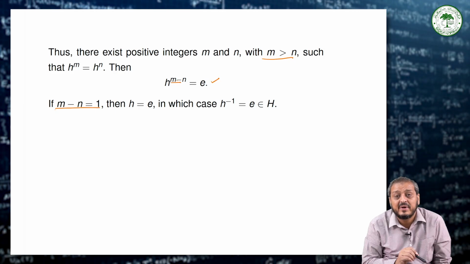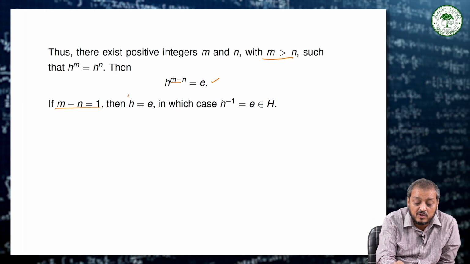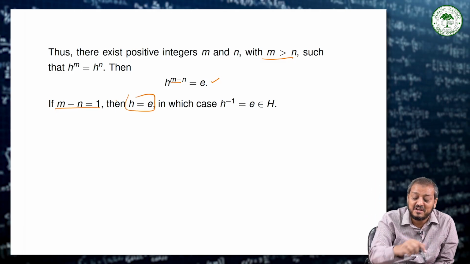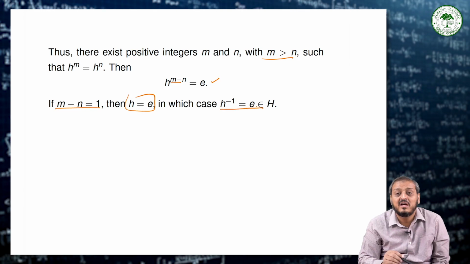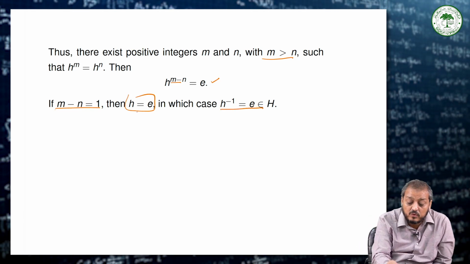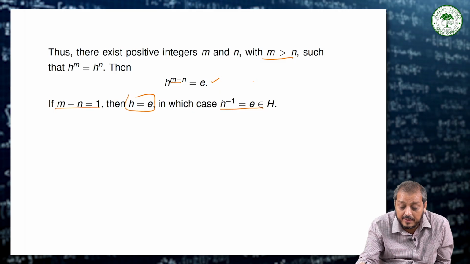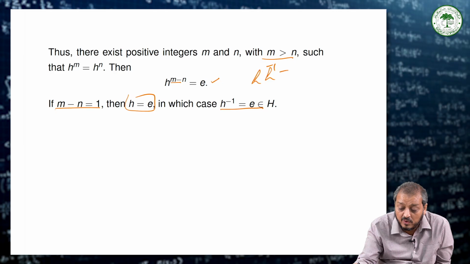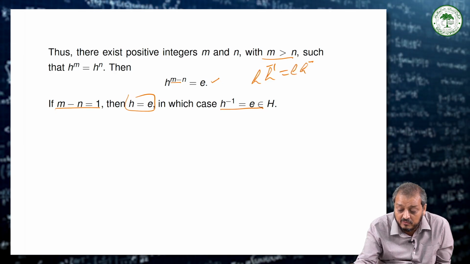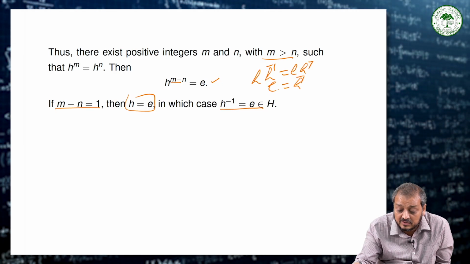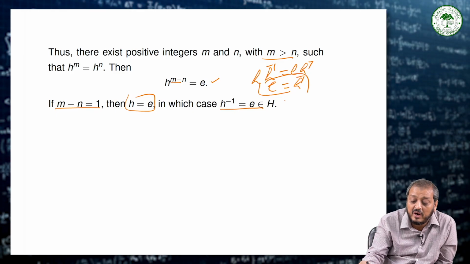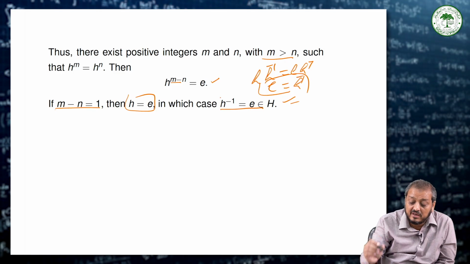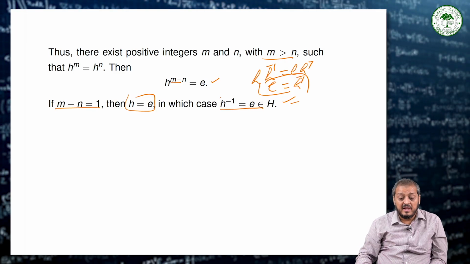In that case, x times x inverse equals the identity times x inverse, which is x inverse. This means x inverse is equal to the identity, and the identity is already an element of H, so we can show that x inverse is an element of H.